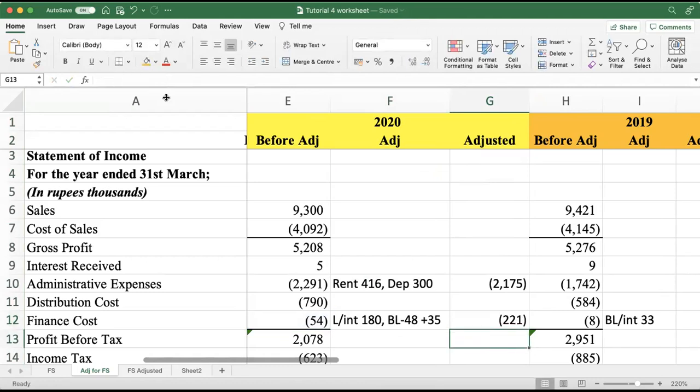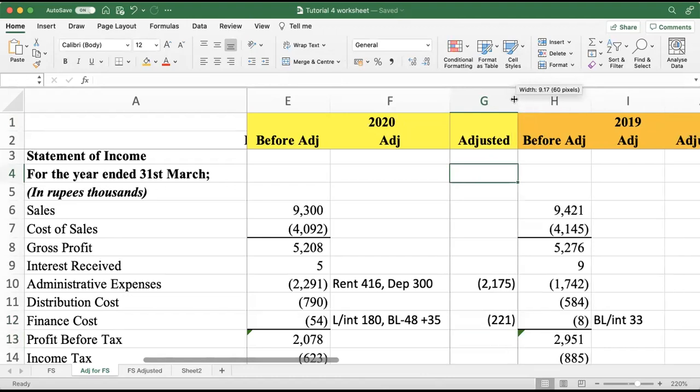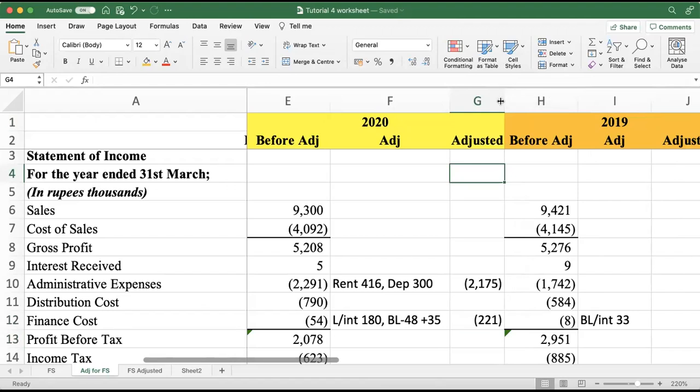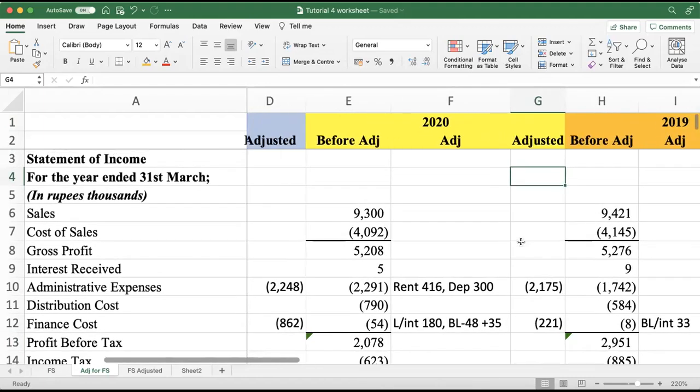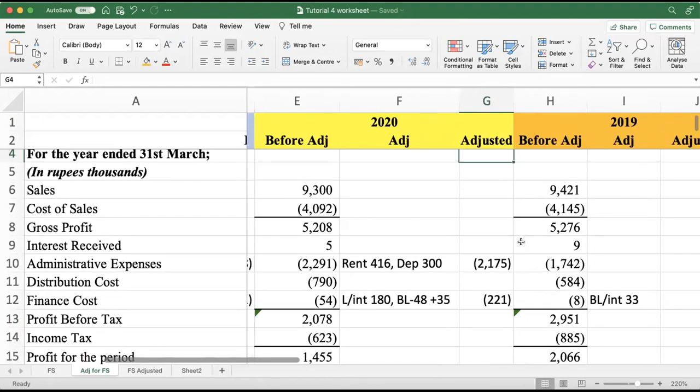So you get 221. Right. So this is for 2020.